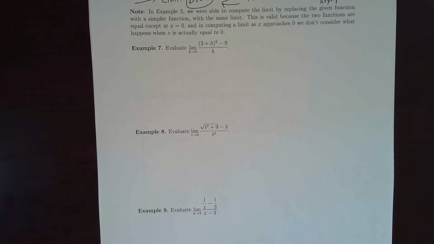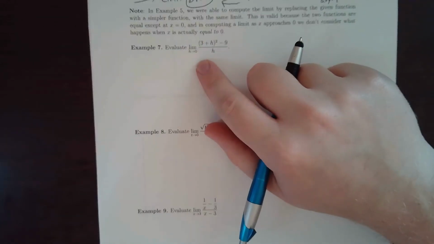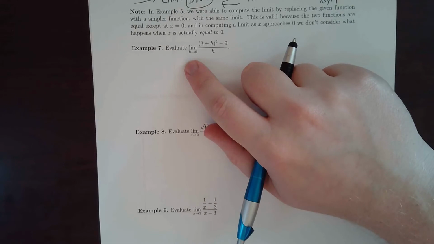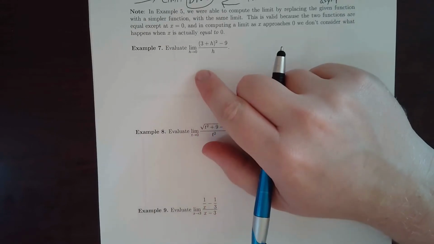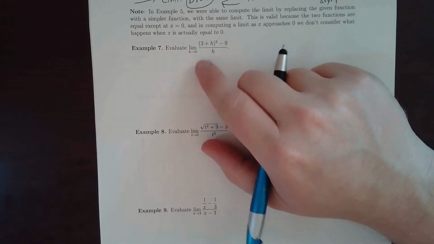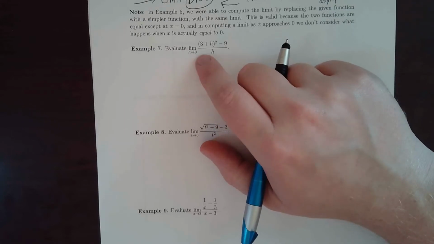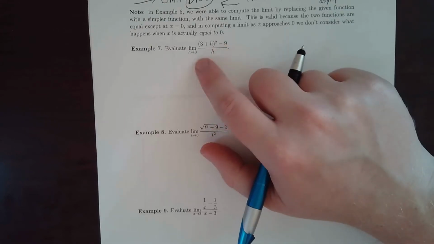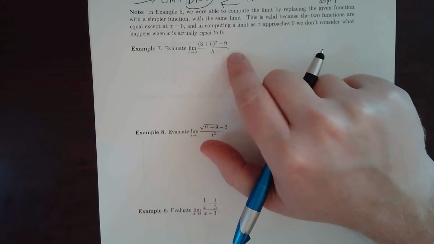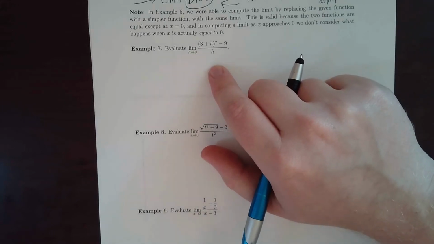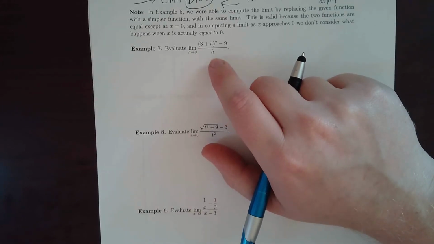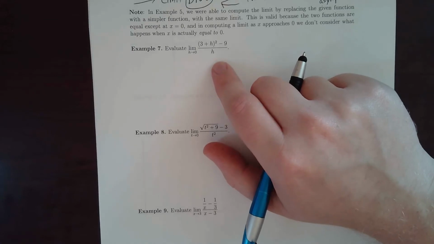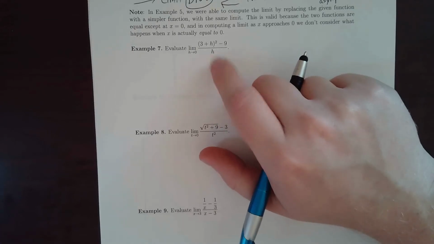Alright, so if we look at this first limit, remember, we don't always have to use x. Sometimes you can use t. This time we're going to use h. It's just a letter. We're going to evaluate the limit as h approaches 0 of (3 plus h) squared minus 9, divided by h. Now, I think we all understand that if we plug in 0 for h, we'll get a 0 in the denominator.